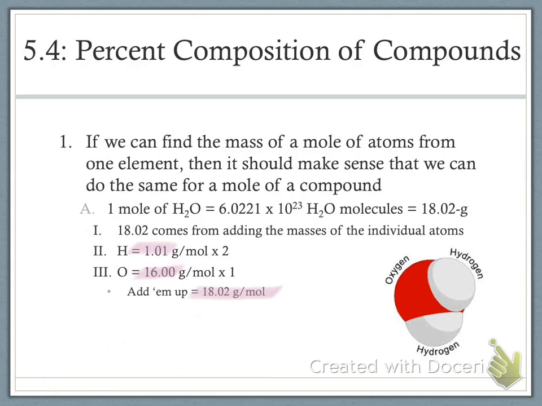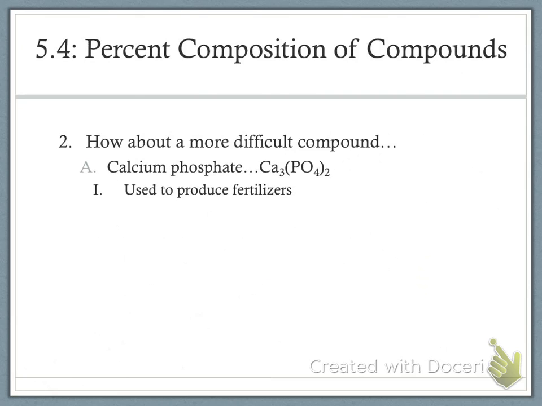If you look on the periodic table, some molar masses are known to a greater degree of certainty than others, but that varies from periodic table to periodic table. So for consistency in this class, we are always going to go down to 2 decimal places in our molar masses. That doesn't only apply to the molar masses of single elements, but also to the molar masses of complete compounds.